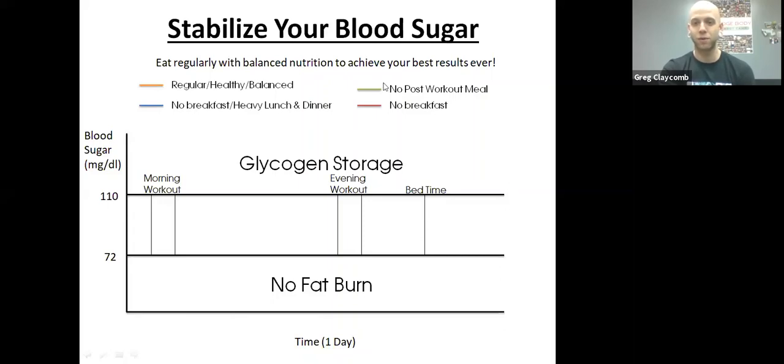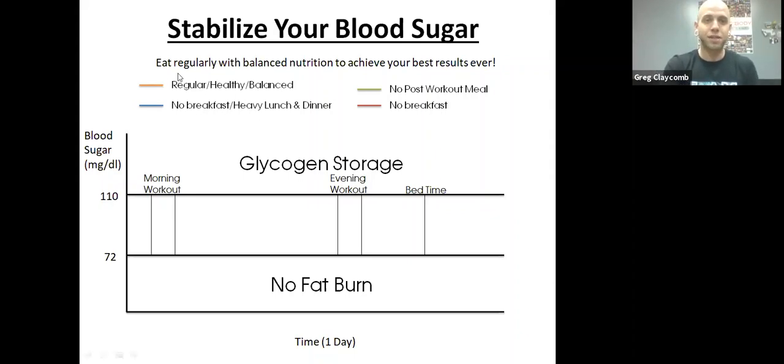And then right here, that would just loop back and start our day again. Now, a human's healthy blood sugar is between 72 and 110 milligrams per deciliter. As long as you are within these lines through here, your blood sugar is stable. And remember, I said as long as you're hydrated and your blood sugar is stable, you are burning fat. So this is a big deal here.